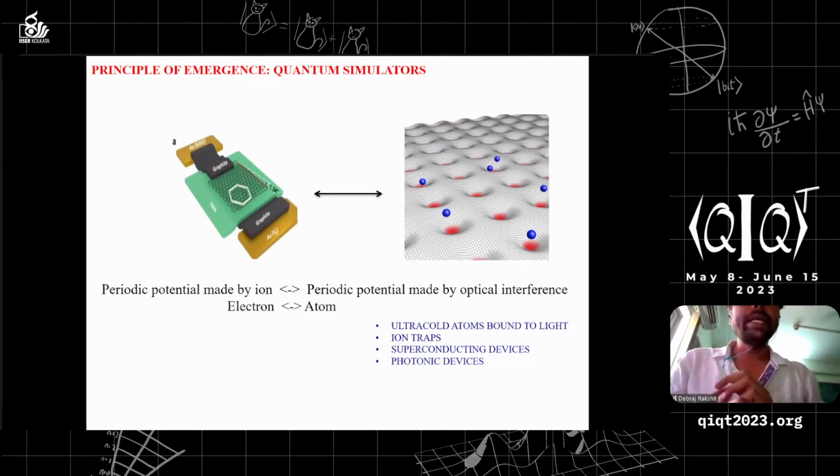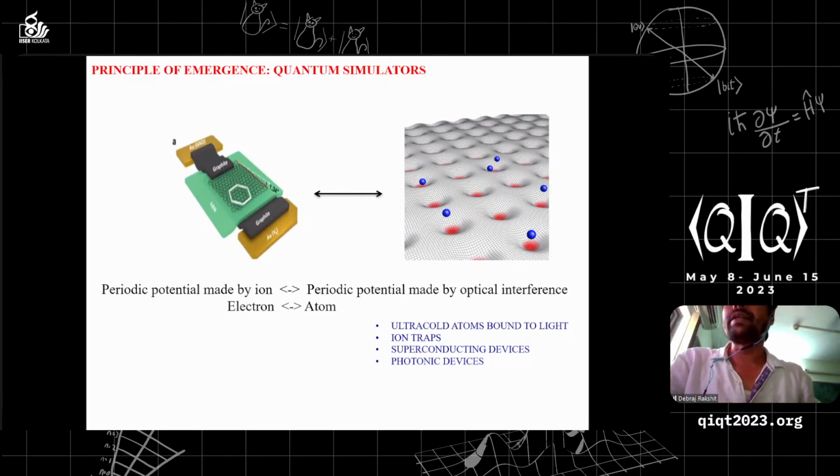Whenever you talk about solids, you have some periodic potential, right? And these periodic potentials are made by ions. We can create a similar kind of potential by optical interference. You can take laser light, use counter-propagating laser beams, and that will create standing waves.